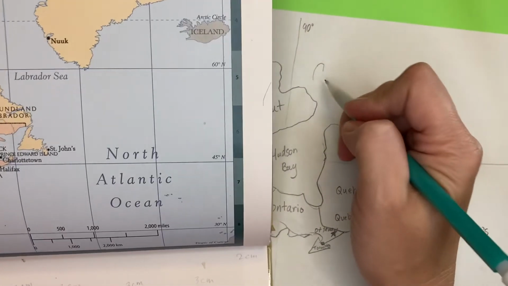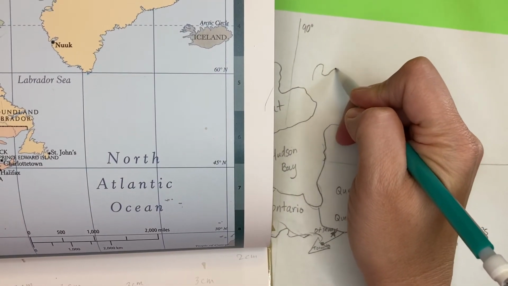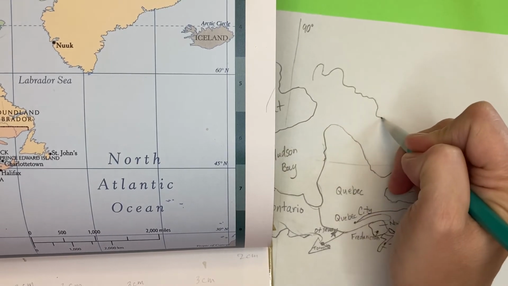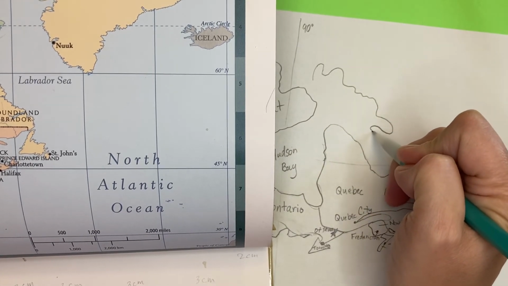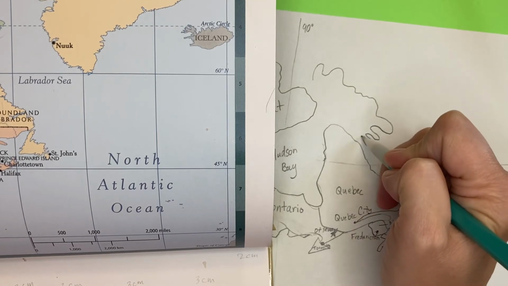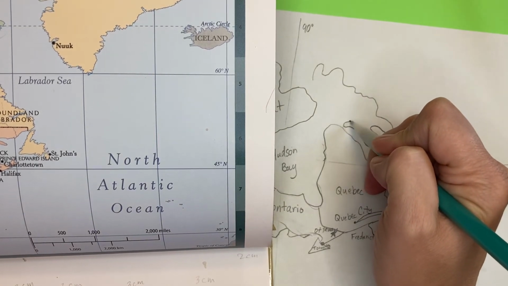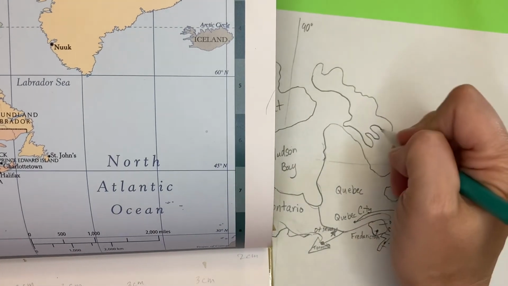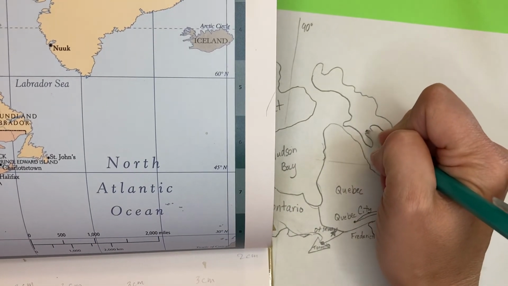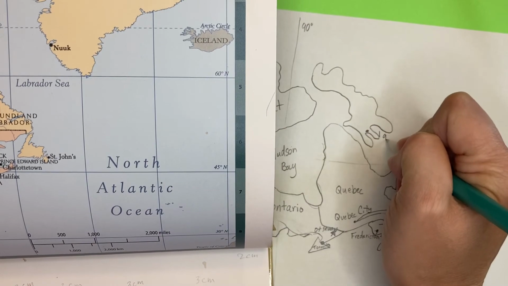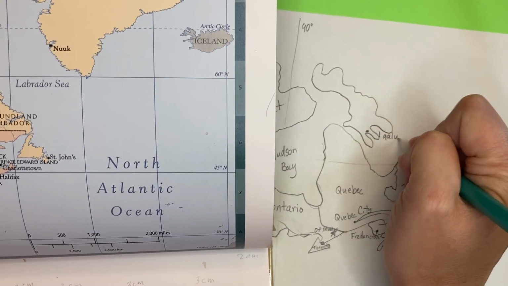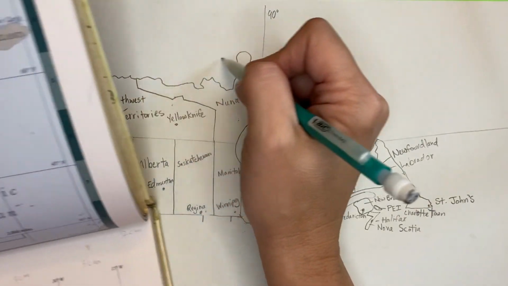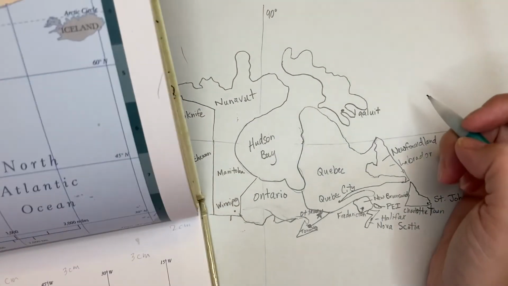Okay, so I'm gonna do this sideways llama. Okay, and then he's got some front feet and some back feet and a tail. And it goes around, okay? And then that right here is Iqaluit, all right? And then you can draw some different islands around here if you want.